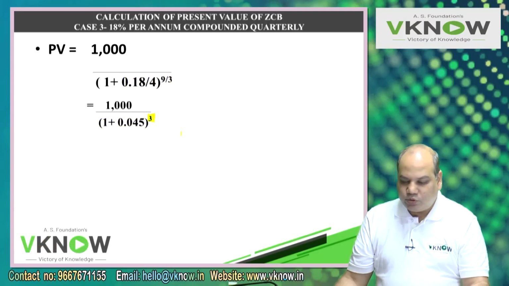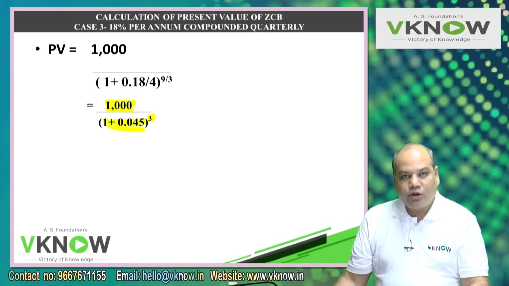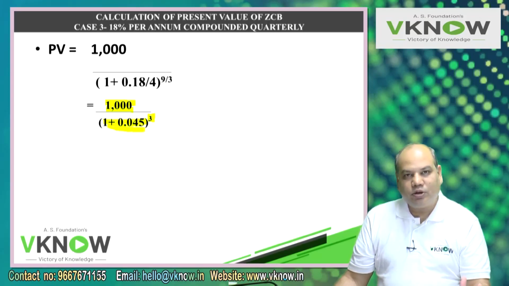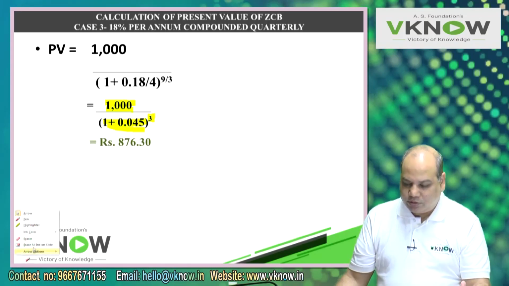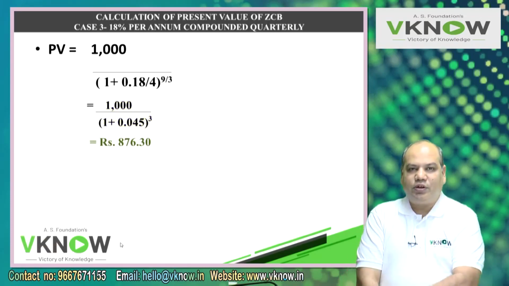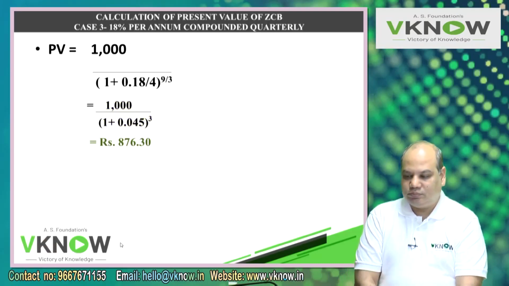So just type on your calculator first 1000 divide by 1.045 3 times equal to. The answer is 876.30. As simple as this.